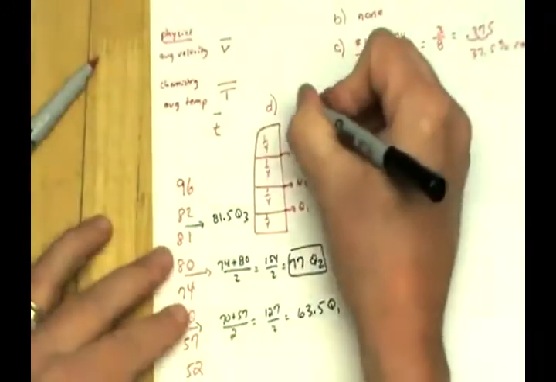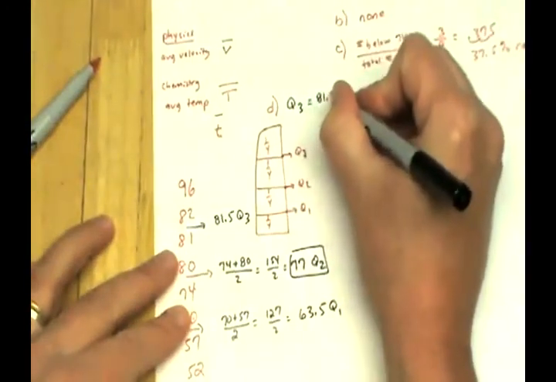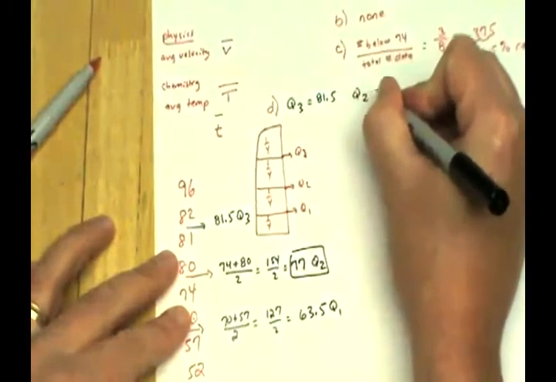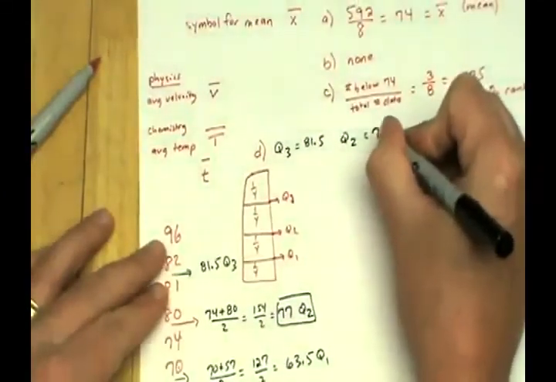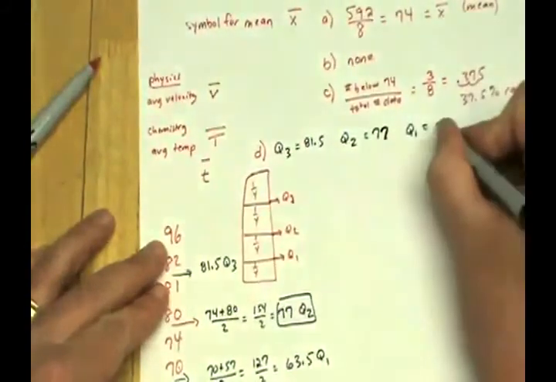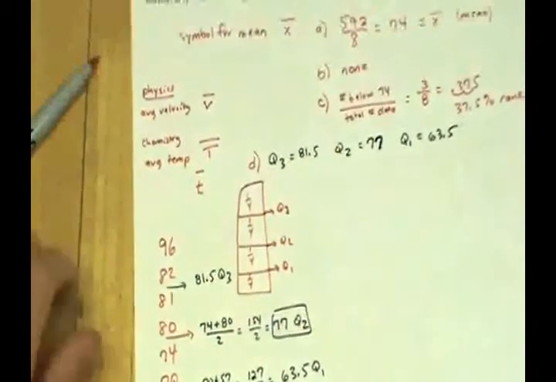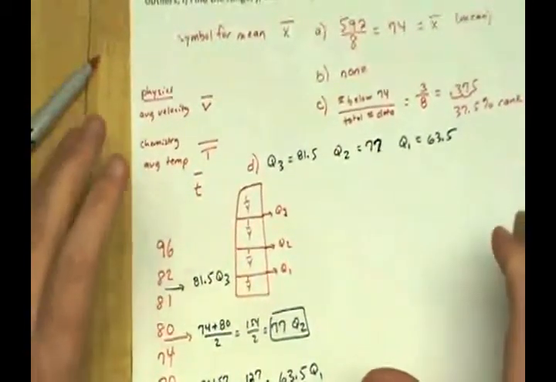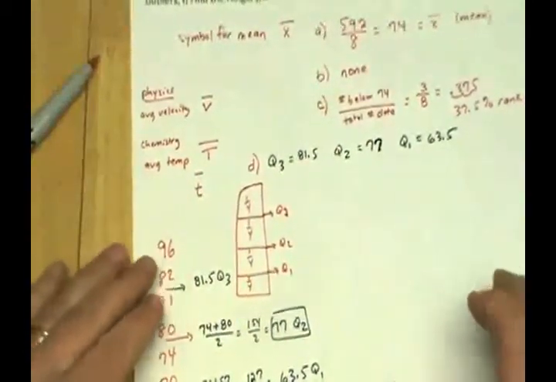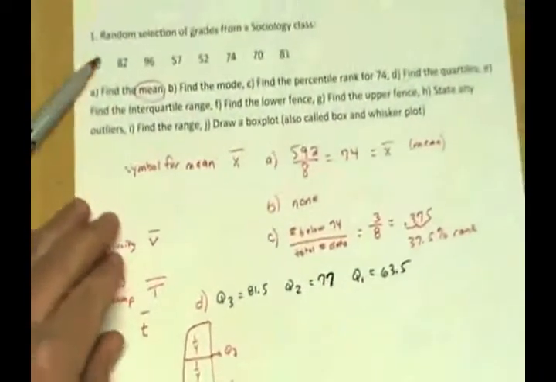So for my answers for D, Q3 is 81.5, Q2 is 77, and Q1 is 63.5. So there's my quartiles. So this first problem is just getting our feet wet with this stuff, and then we're going to have 3 more questions after this that you're going to be able to do all this stuff on your own also.